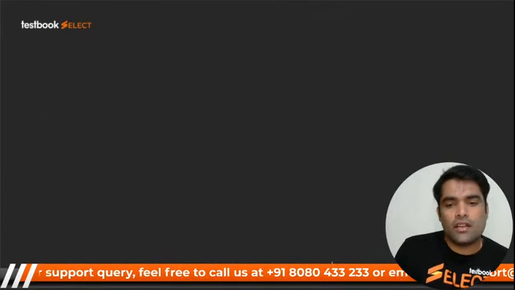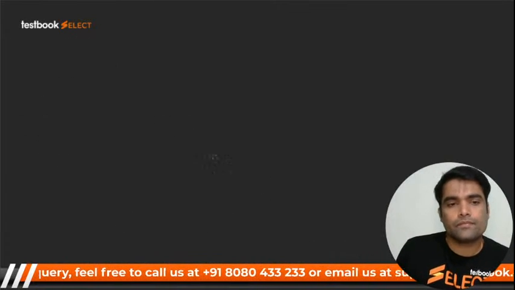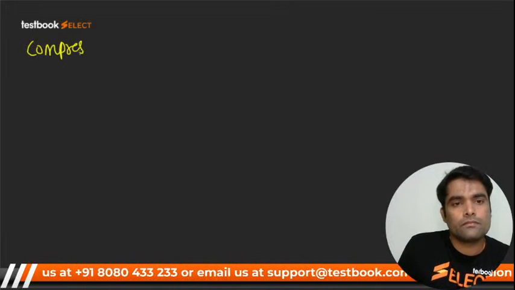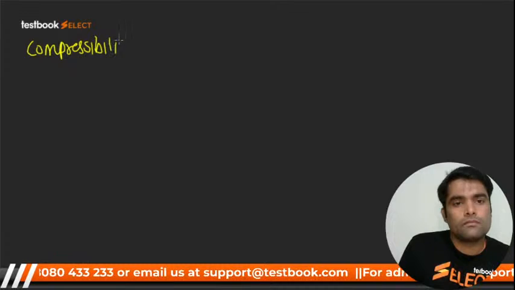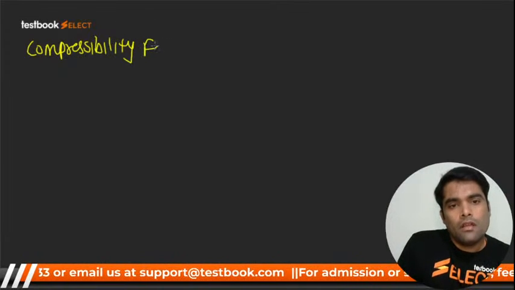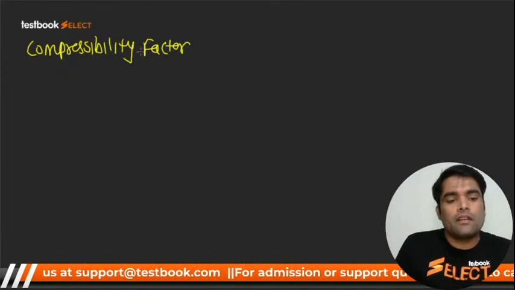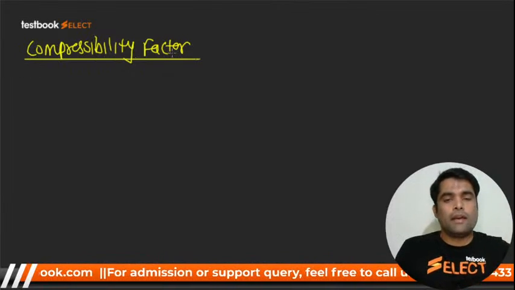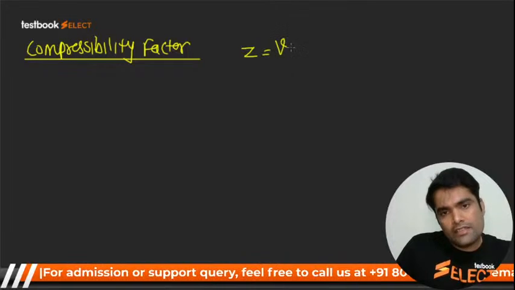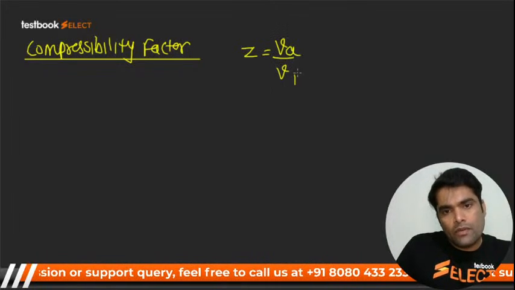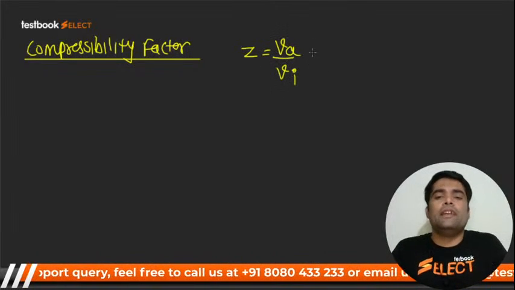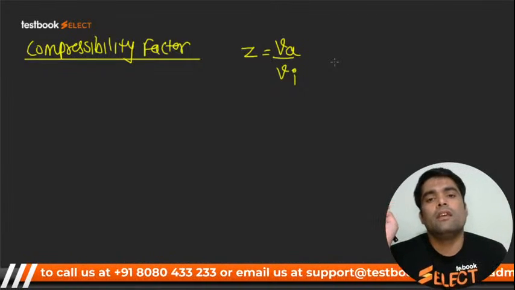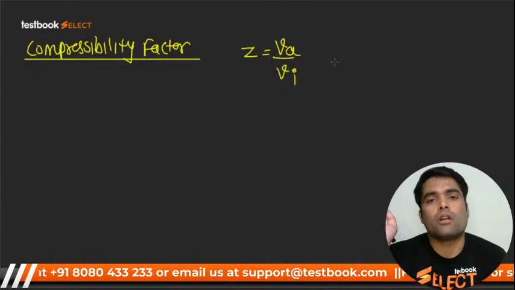Now we'll come to, my dear, compressibility factor. Okay. See, it is denoted by Z, and it is none other than VA by VI. Ideal gases ka volume. It indicates what?